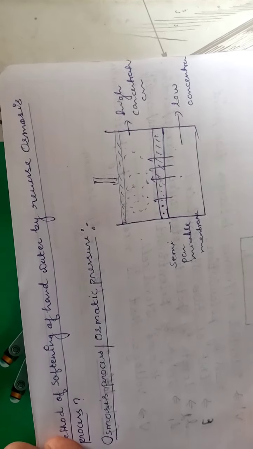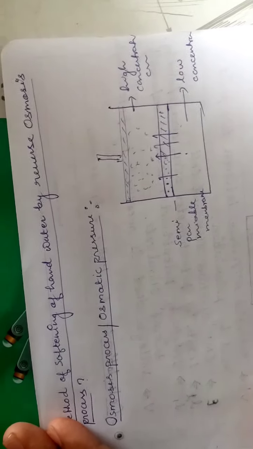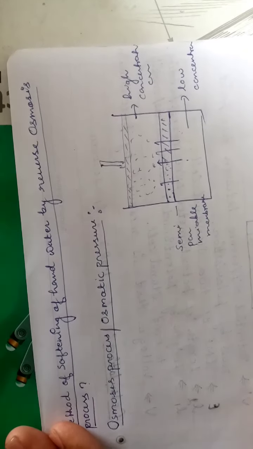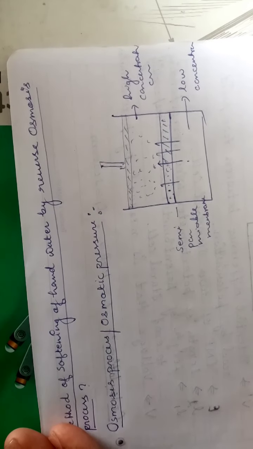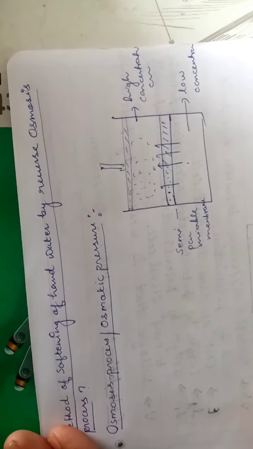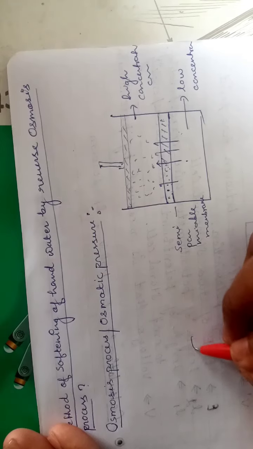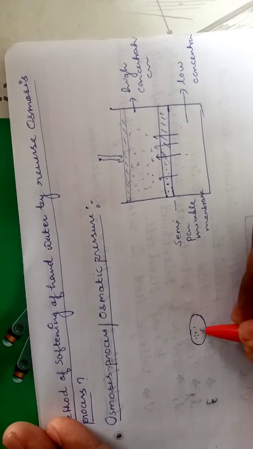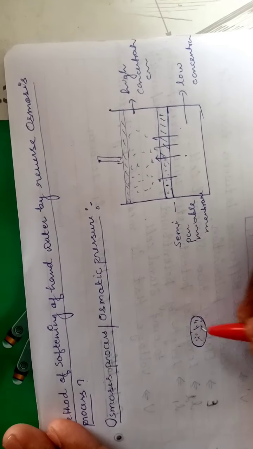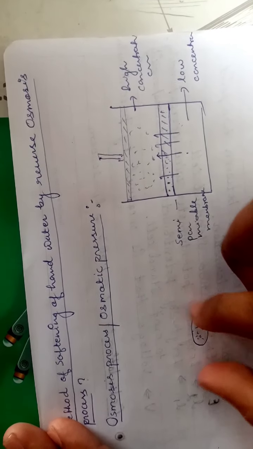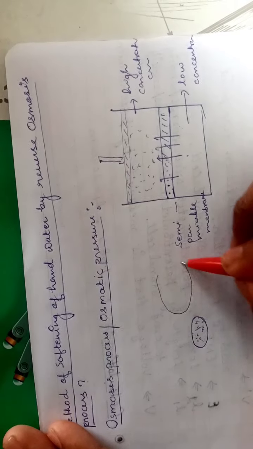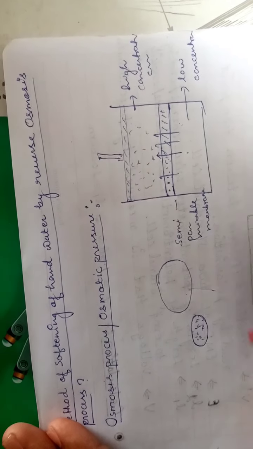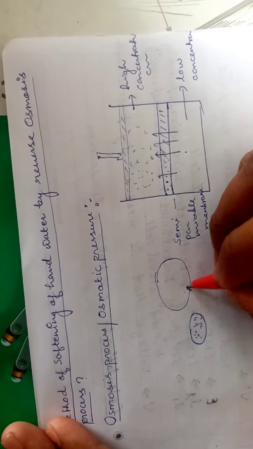If you consider a kismis, when you put it into the water, you see that this kismis, which was very thin, swells. What is the process? It is osmotic pressure.